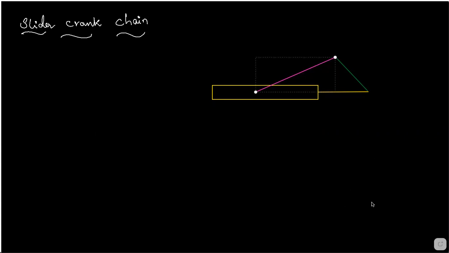Then we are going to take the slider. So this is our slider. Okay, now let me take it with a normal rectangle. Yeah, so this is the slider. Done.